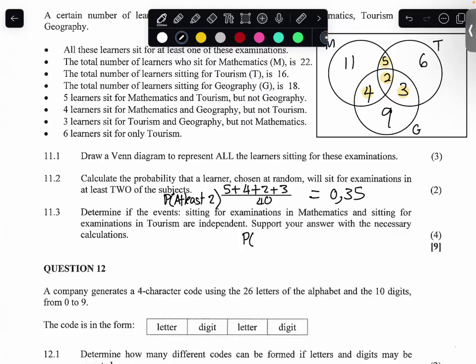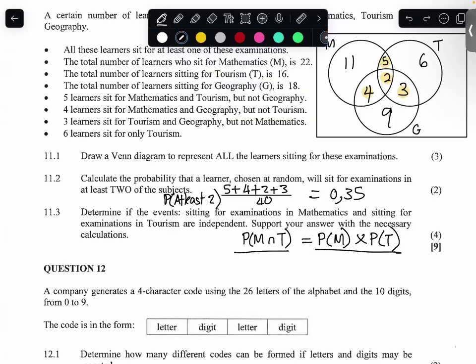So we are trying to prove that the probability of mathematics and tourism is equal to the probability of mathematics times the probability of tourism. That's what we're trying to prove. So this is how we prove it. If this side of the equation ends up equaling that side of the equation, then the events will be independent. But if it's not equal, then the events are not independent.